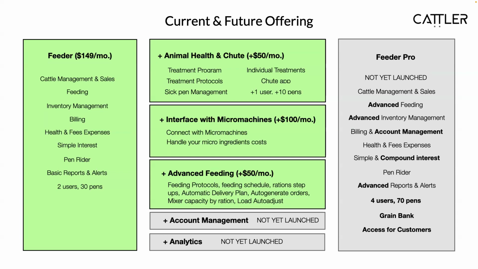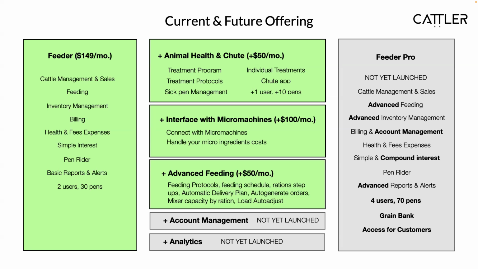Advanced feeding is there, compound interest is there, grain bank is there, and access for customers is there. So once we also get advanced inventory management, we'll be able to release this bundle. But it's just a bundle. It doesn't change any of the contents that are being released right now.